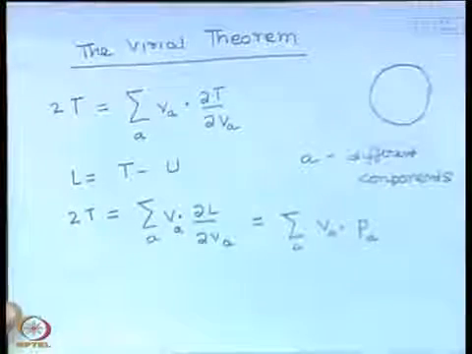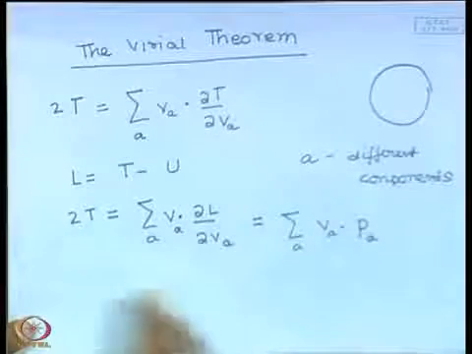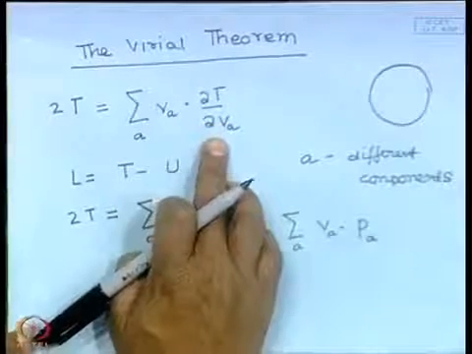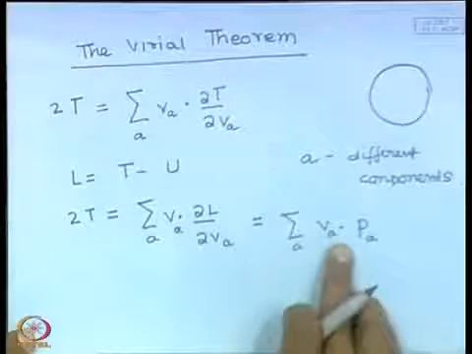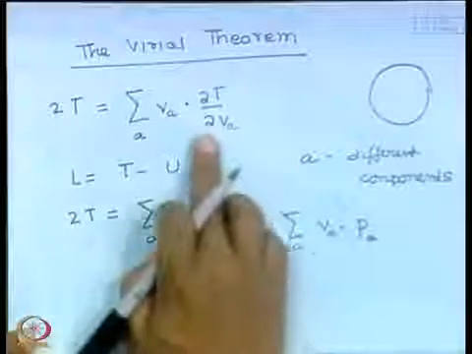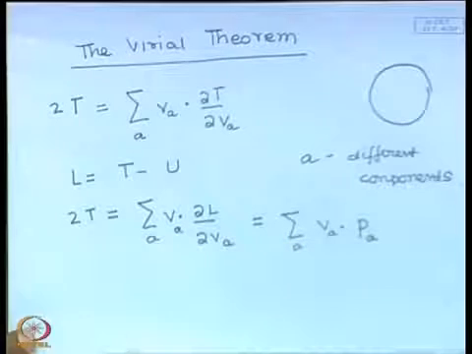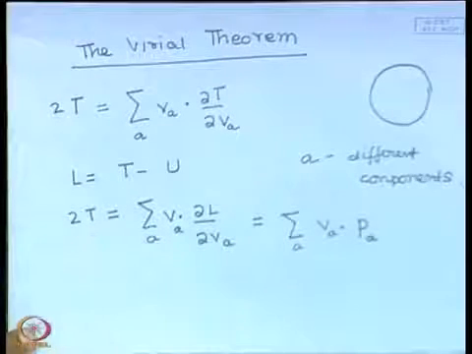So, those of you who are not very familiar with classical mechanics, this is quite straightforward, that if you differentiate the kinetic energy with respect to velocity, you will get mv, which is the momentum. Okay. So, this essentially is the velocity into the momentum summed over different components, that is twice the kinetic energy.